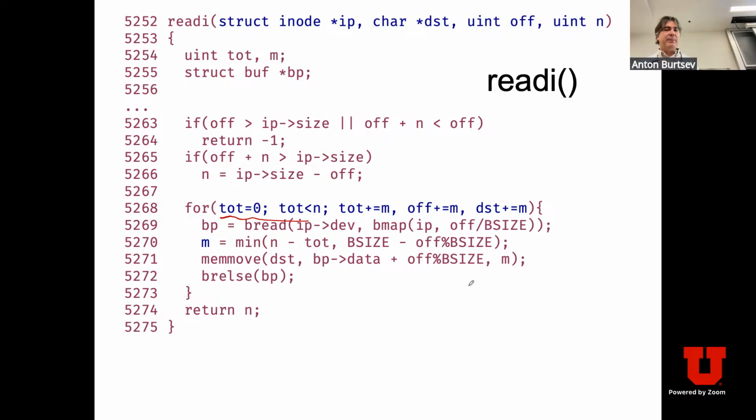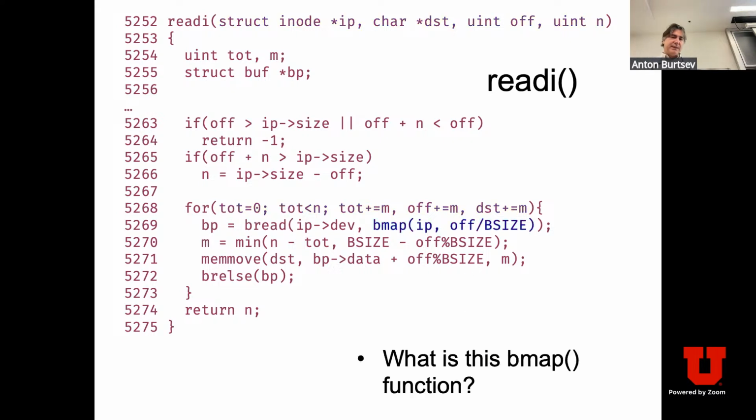You have to round up the things correctly and stuff like that. But the most interesting part of this is this bmap function. It stands for block map. This bmap function performs the translation. It takes a logical address, essentially the offset divided by block size, because it reads in terms of blocks, but really it just takes an address. Offset is an address.